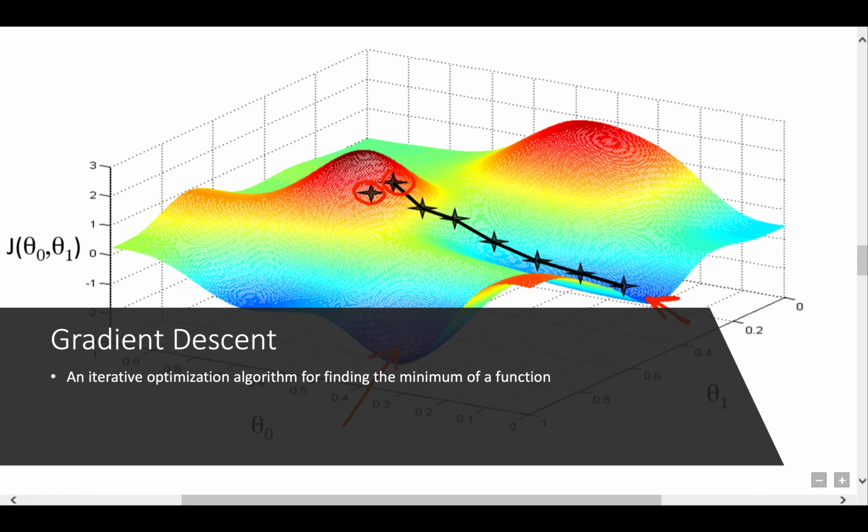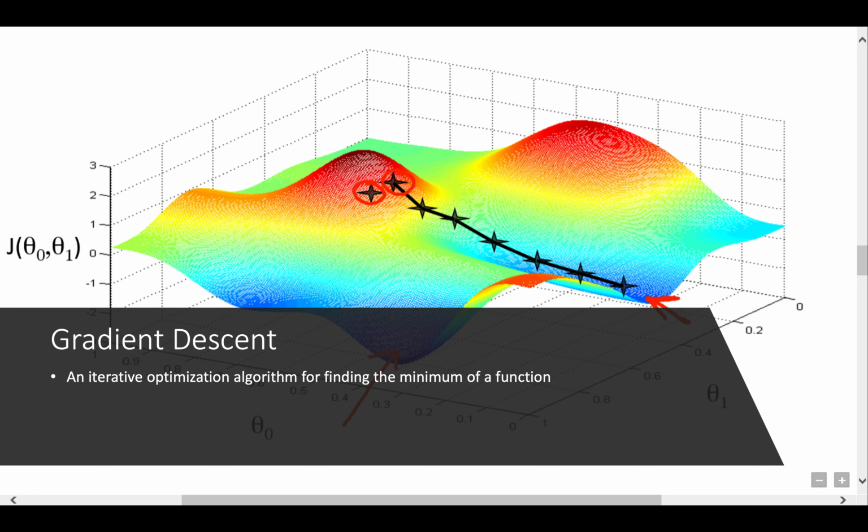These are the two most frequently used optimization algorithms in cases where the optimization criterion is differentiable. And what is gradient descent? Gradient descent is an iterative optimization algorithm for finding the minimum of a function.